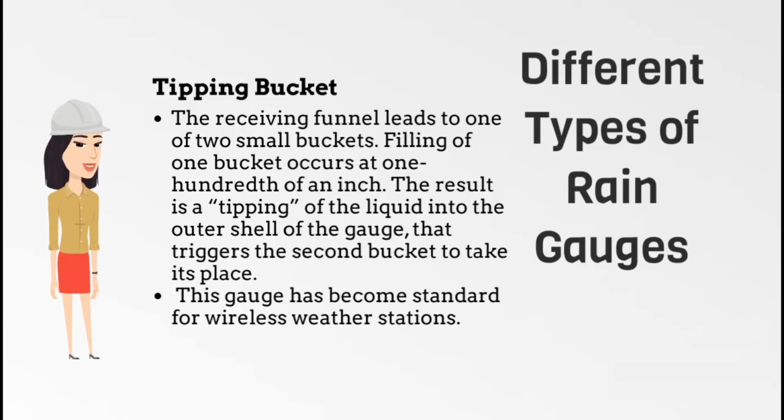The result is a tipping of the liquid into the outer shell of the gauge that triggers the second bucket to take its place. The process then repeats itself, which allows for the precise measurement of rainfall intensity and amount. This gauge has become standard for wireless weather stations.